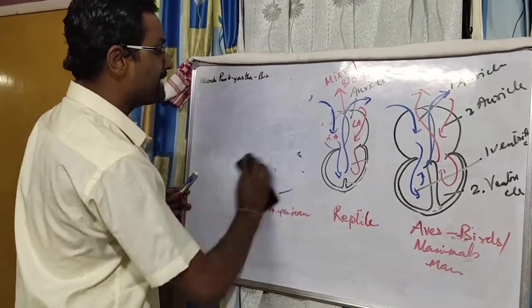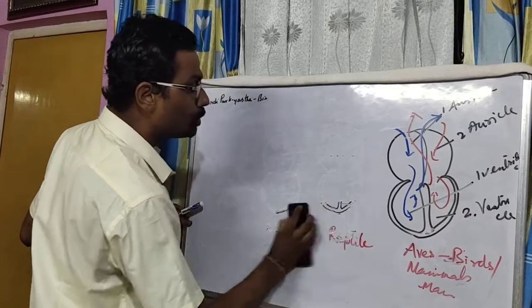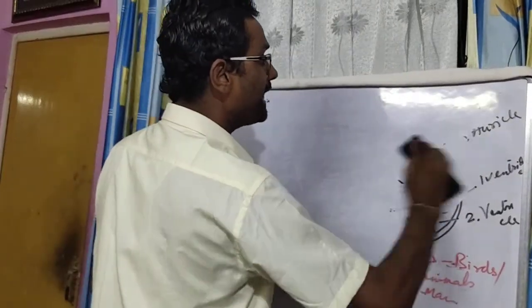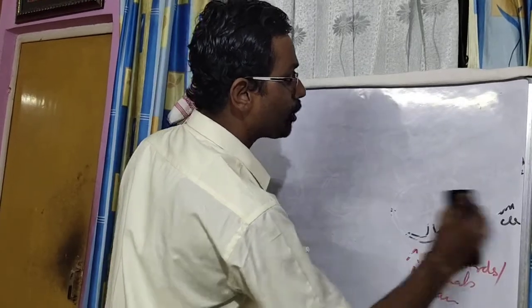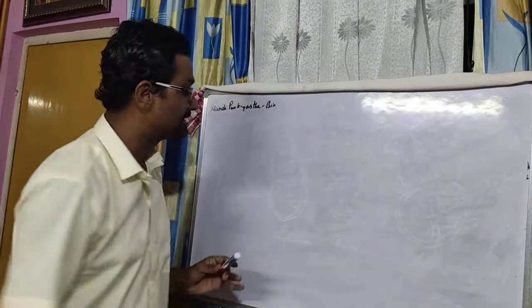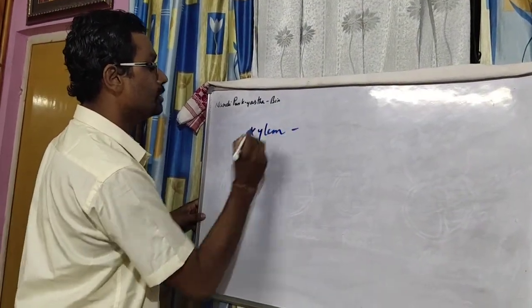We need to keep in mind that transportation in plants takes place through two distinct parts. Okay? These two distinct parts are called xylem and phloem. What are they called? Xylem and phloem.